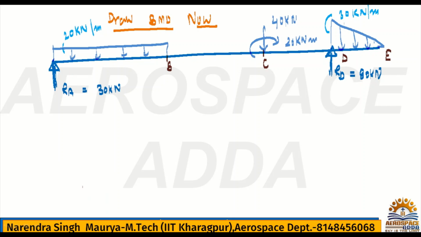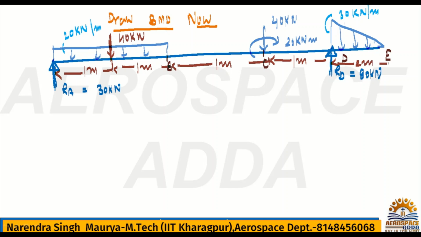Dimension is very important because you are going to write the moment now. So this is 1 meter. Here a total UDL of 40 kilonewton will be acting and this will be 1 meter. Total is 2 meter, right? This is 1 meter, this is 1 meter. Total is 2 meter here.